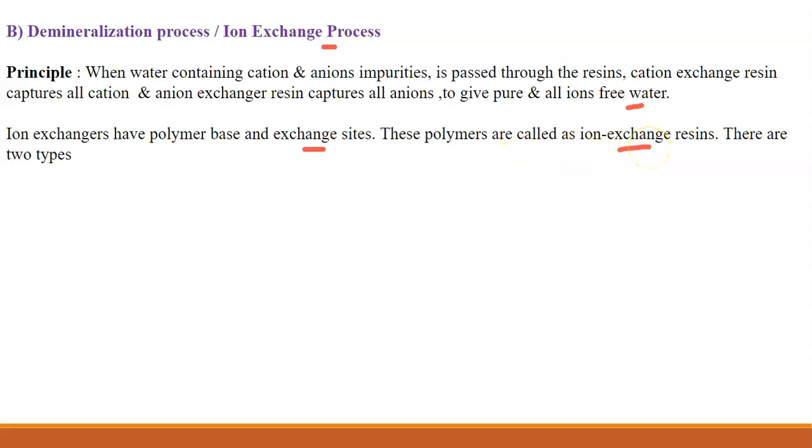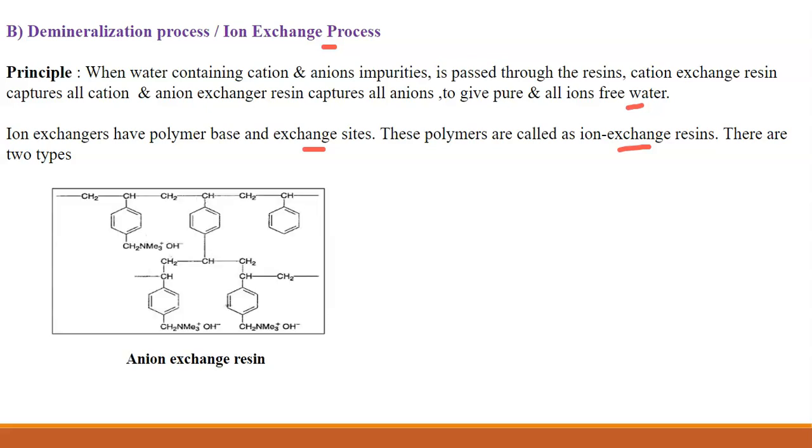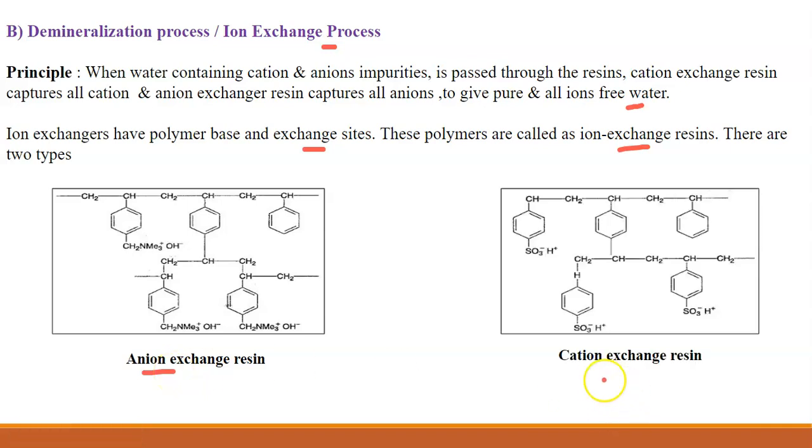There are two types of resins which we are going to use in this process. One is called the anion exchange resin and the other is called the cation exchange resin. As the name suggests, the anion exchange resin is going to exchange all the anions, the negatively charged ions present in water, and the cation exchange resin is going to exchange all the positively charged ions present in water.